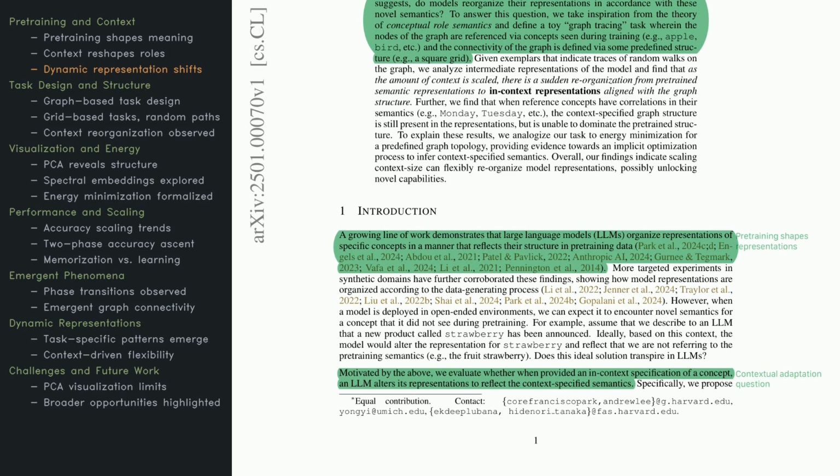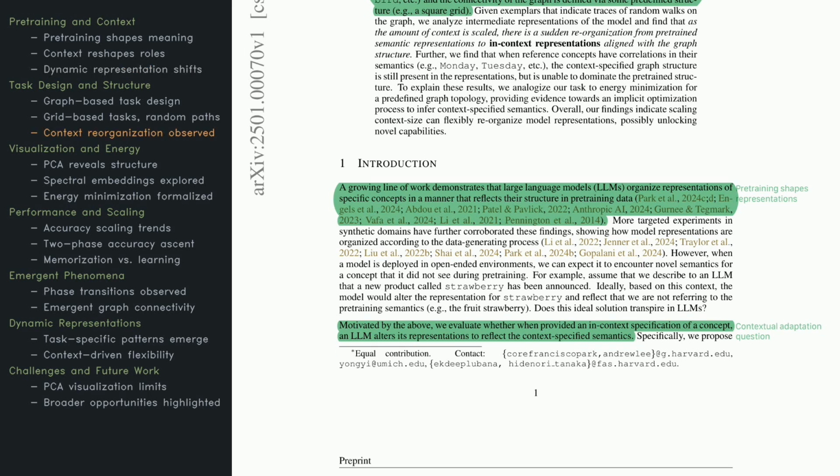The authors want to test if the model can adjust its internal understanding when given new, in-context instructions. Their plan is to show it context-specific examples and see if the model will pick up new semantic roles. It's like giving the model some evidence that, for this task, strawberry isn't a fruit anymore, and then seeing if it rewrites its concept representation. That sets the stage for the rest of the paper.